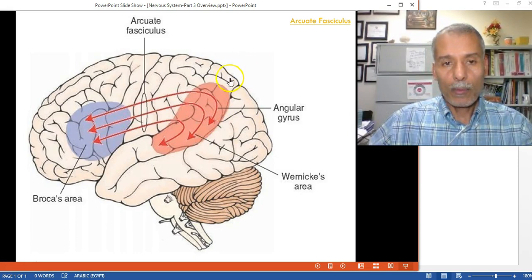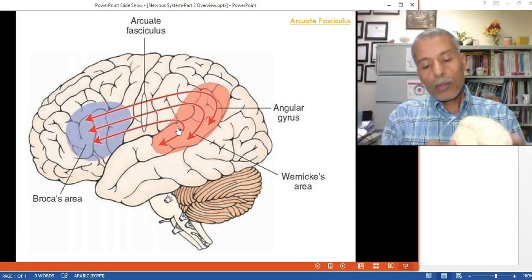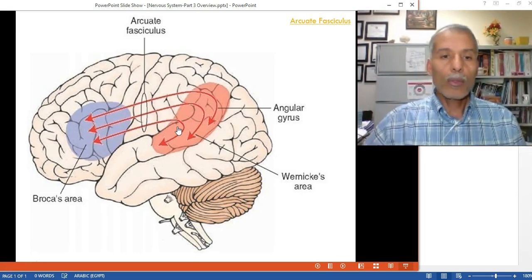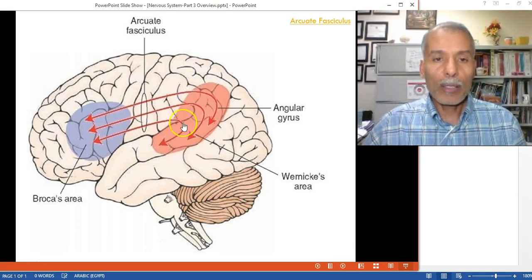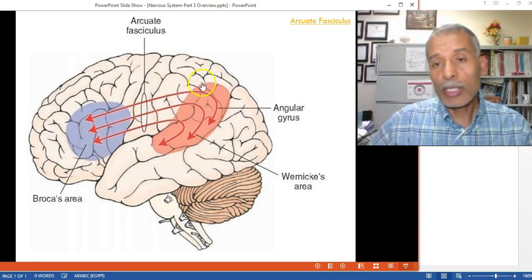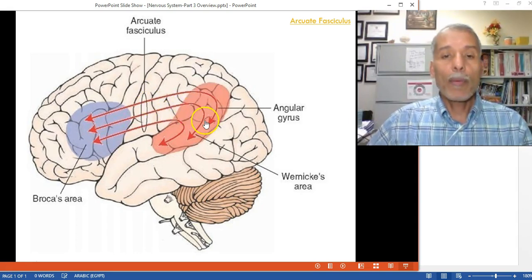So that goes from here to here, and it lies superior to the temporal cortex. So here's the temporal cortex, and the parietal is superior to it. So know the boundaries again for every lobe and be able to describe them.